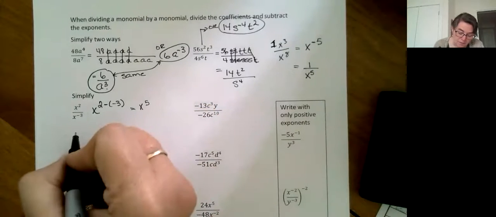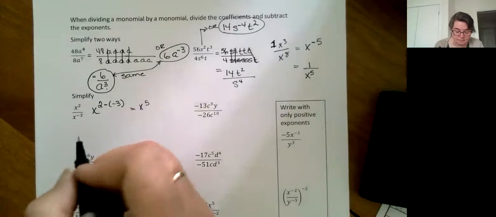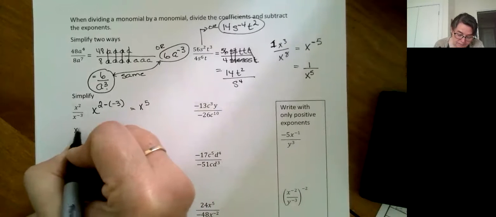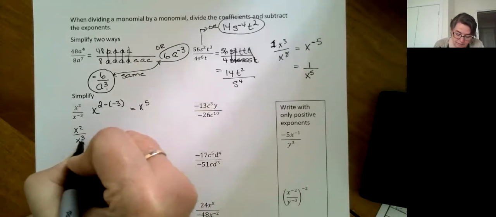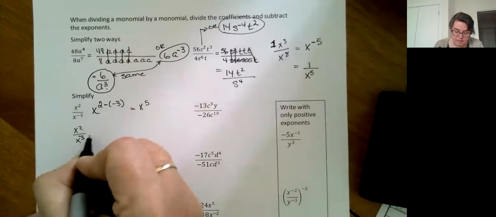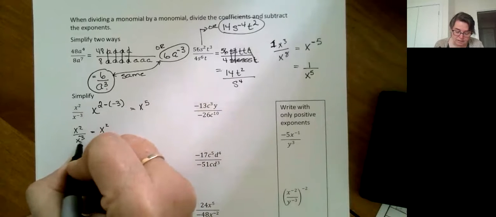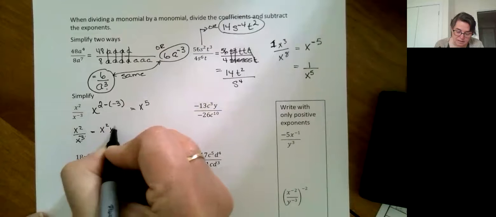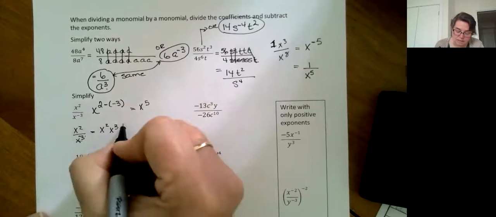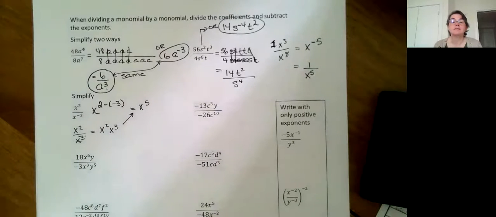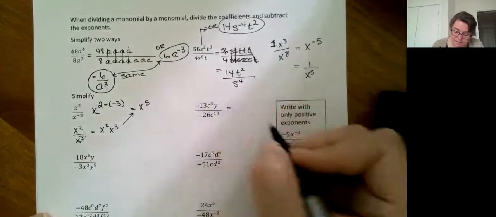Ta-da! Or this is the kind of cheat way, and I'm going to double check. Oops, this one's negative. I'll leave the positive one where it is, and I can bring the negative one up on top, and the exponent changes to positive, which then takes us over there. It's all good.